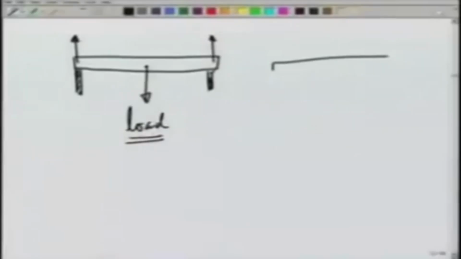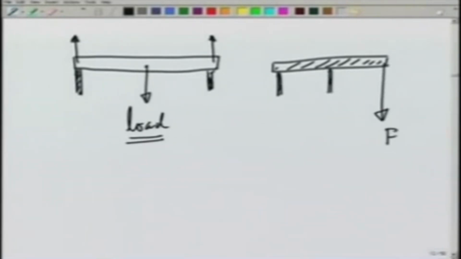When we apply force on an extended body, experience tells us that the extended body not only can move, it can have some more effect on the extended body. For example, if I put one support here, and apply the force this way, you know that this body is going to rotate like this.